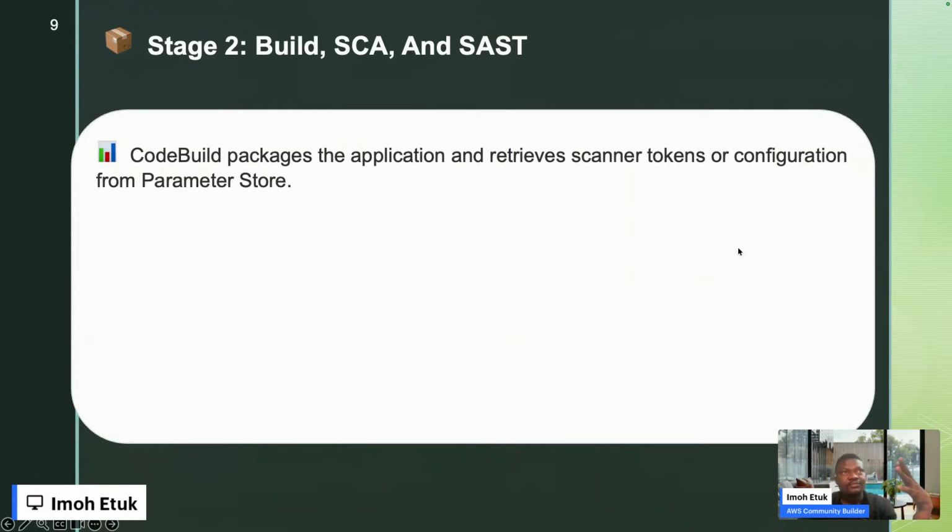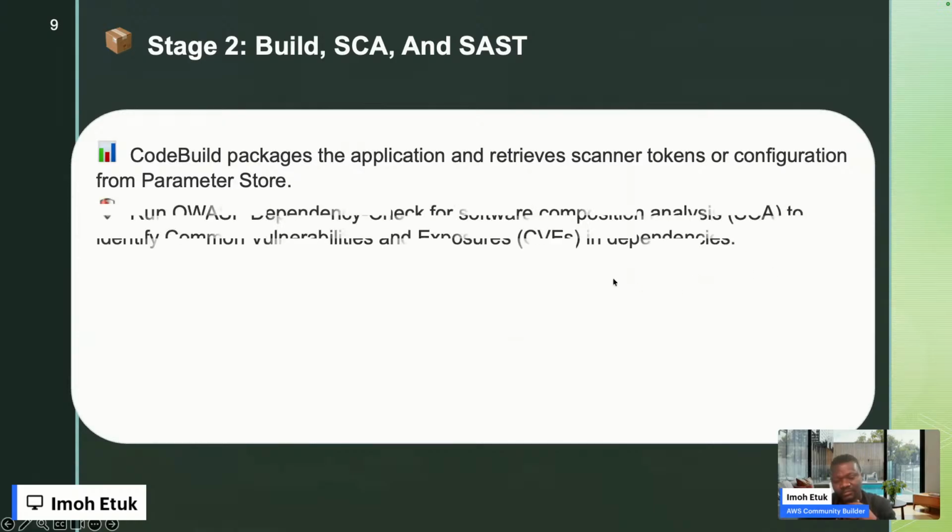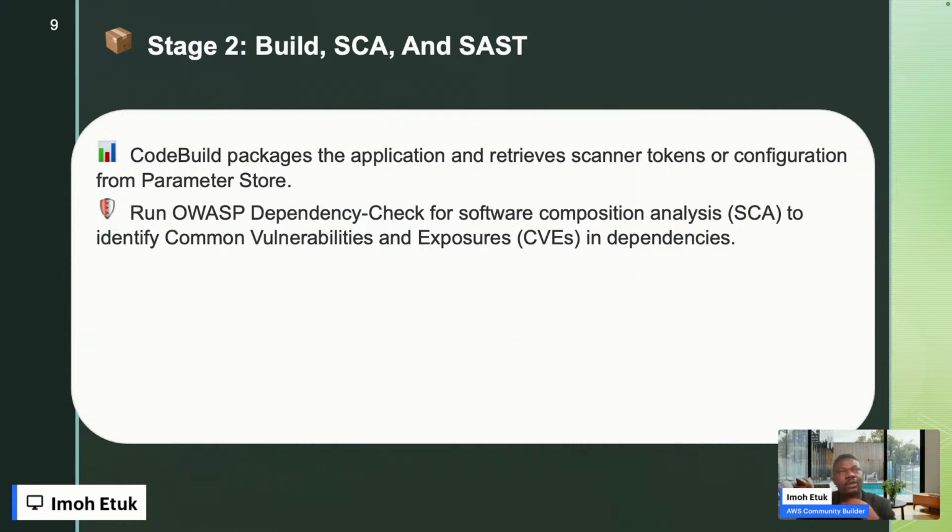CodeBuild packages the application and retrieves scanner tools and configuration from Parameter Store. Then run OWASP Dependency-Check for software composition analysis to identify common vulnerabilities and exposures, CVEs, in dependencies.